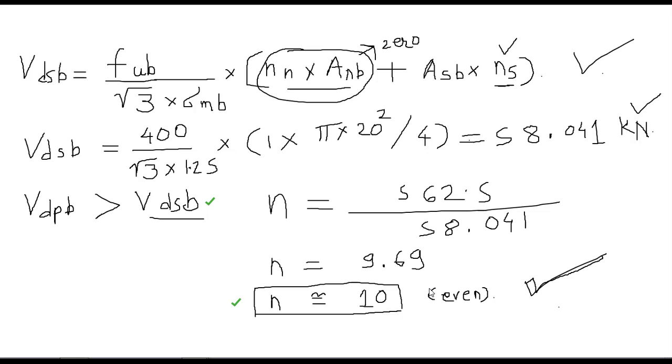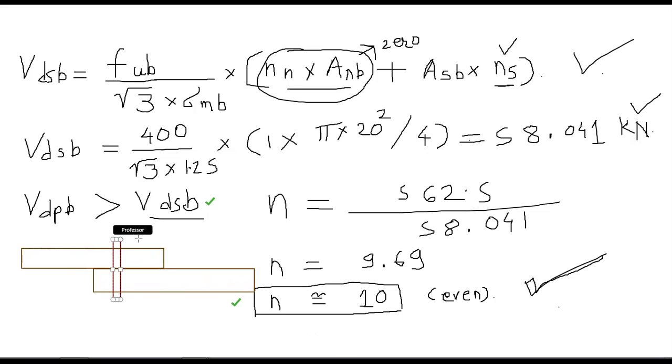Okay. So you can have this type of bolts on your lap joint. The diagram for lap joint, we have already seen how it will be. So this type of lap joint will be there, and you will have the bolts like this.